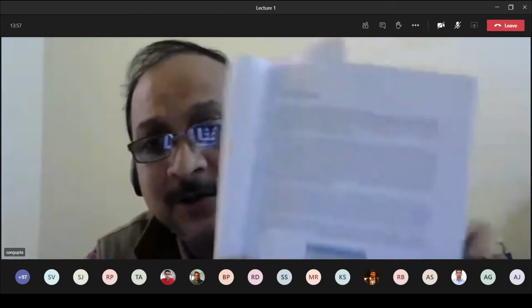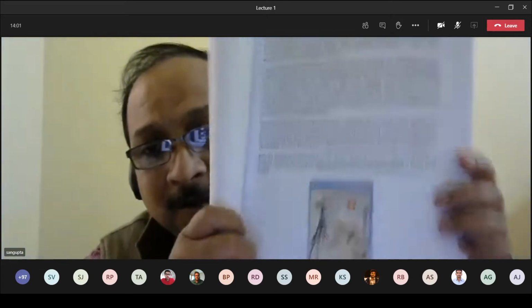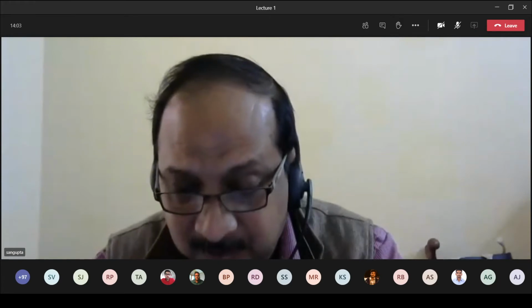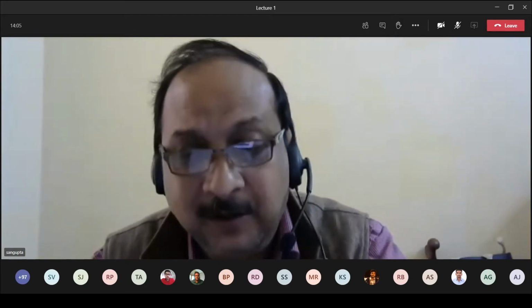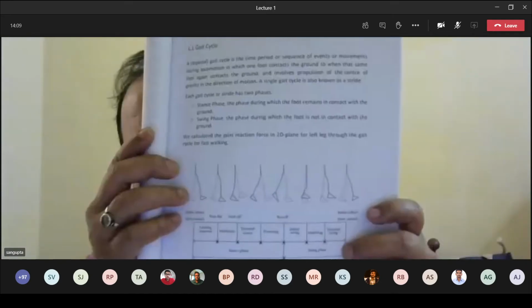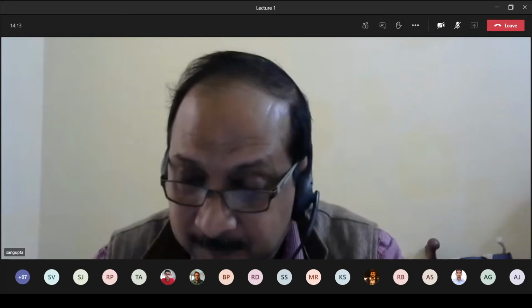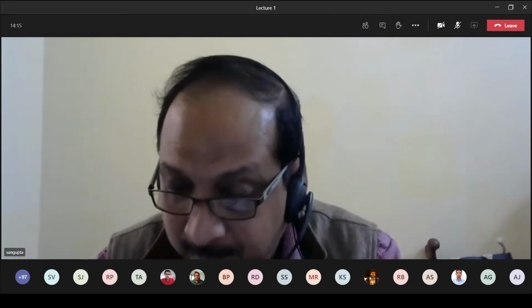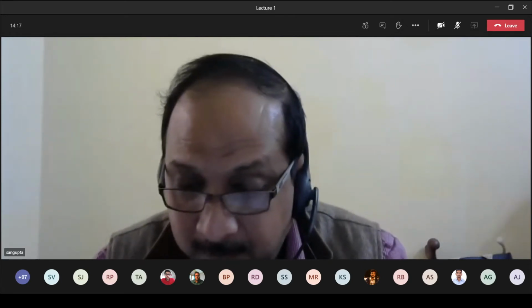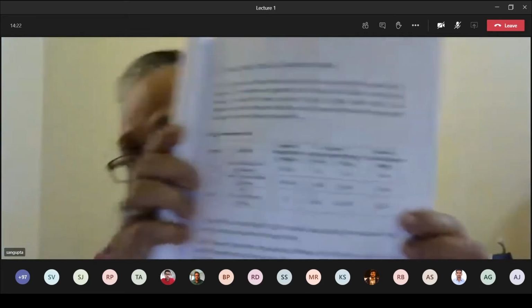So this is an introduction, and they have included a nice figure with it. They've given in one page the gait cycle, with highlights of the gait cycle. Then there is anthropometric data and the linked segment model.